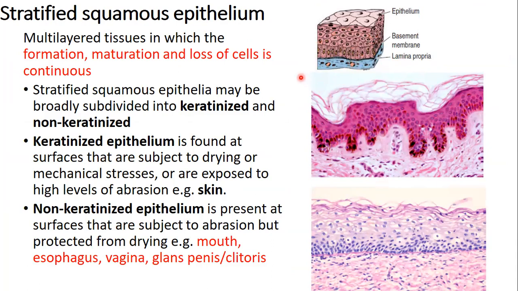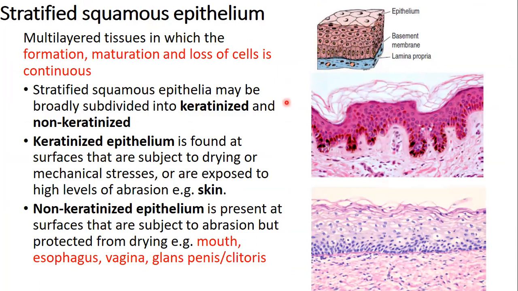So stratified epithelium, ignore the title here for now. I just want to explain this here. So stratified epithelium will have more than one layer. For example, this is one layer, second layer, third layer, fourth layer, fifth, and sixth layer.